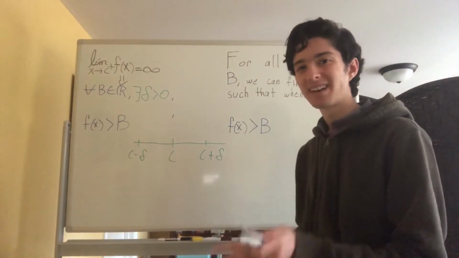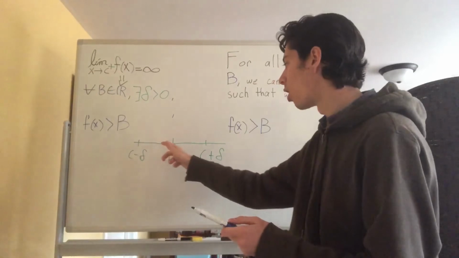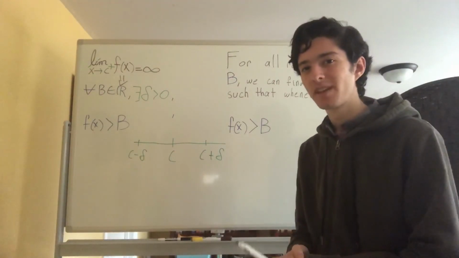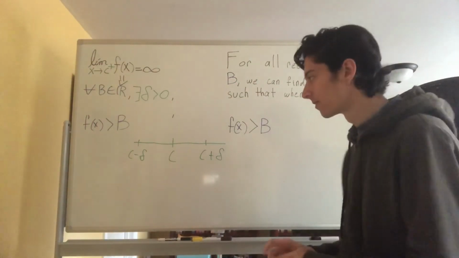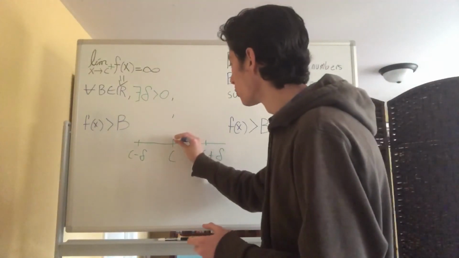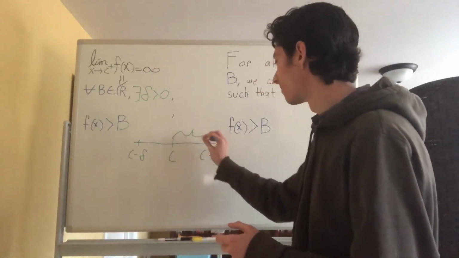So for values of x approaching from both sides, we would care about all of these values. But if it's only approaching from the right, then we only care about values of x that are greater than c. So if we're within delta of c, we're really just concerned about this range right here.